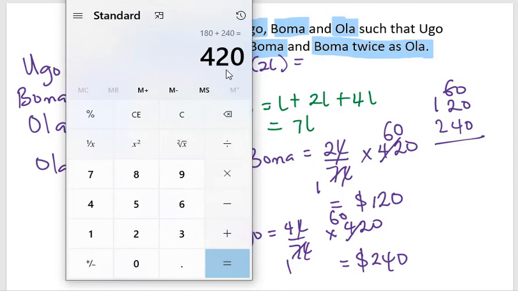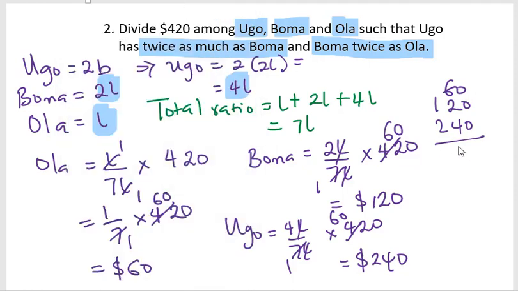Yeah, 420. So we got it right. So this still amounted to $420. It means we solved for the right thing and we solved correctly.